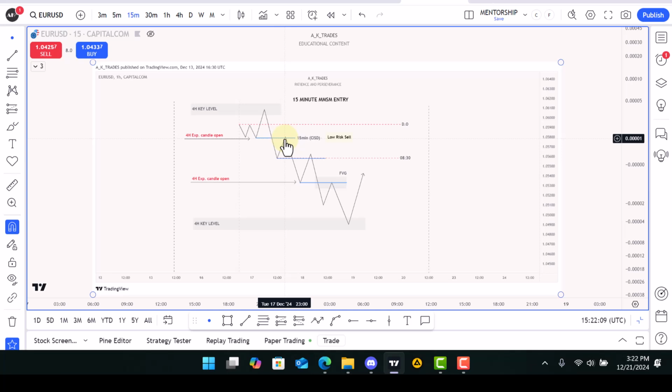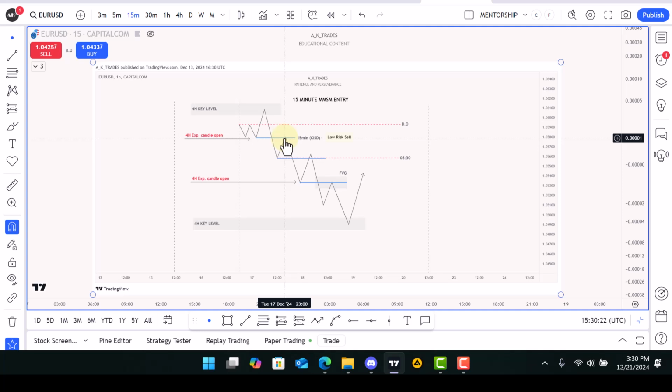So after our change in state of delivery has been confirmed, we can then position ourselves at the change in state of delivery or order block, our stop loss at the 4-hour where the 4-hour key level was tapped, and then we can target our 4-hour external range liquidity. The same way, that will be our low risk sell or buy.